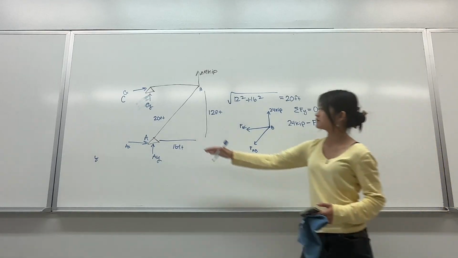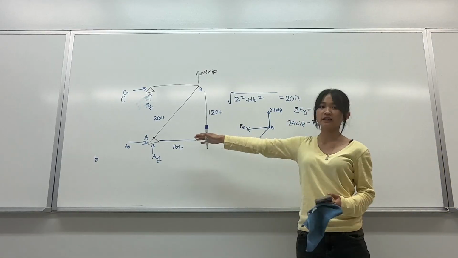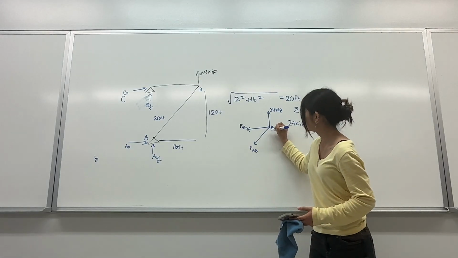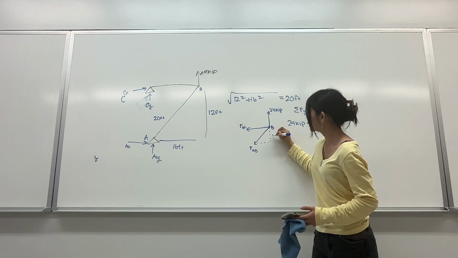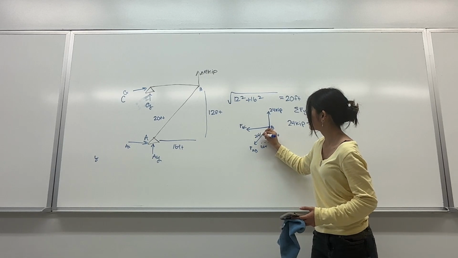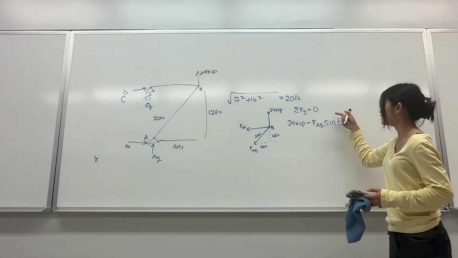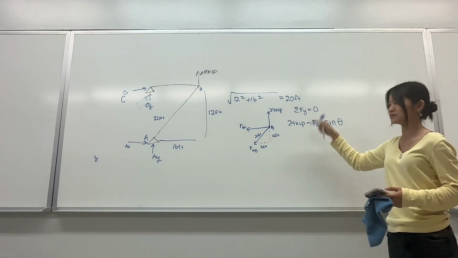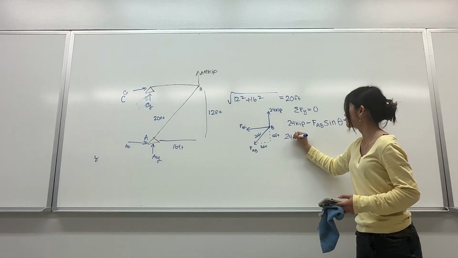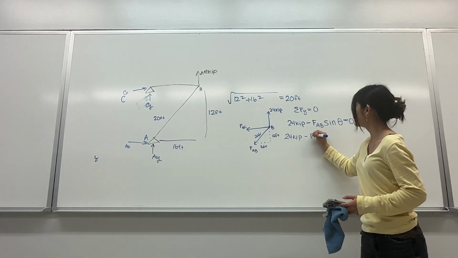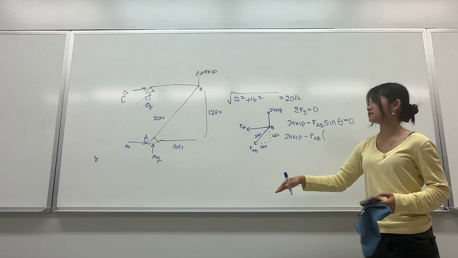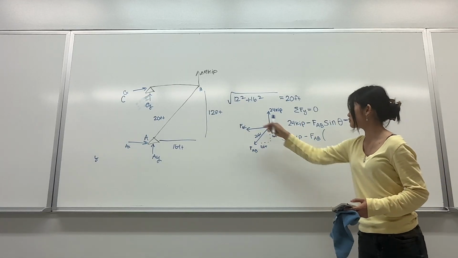We have our lengths here, so we can use that to find what sine is. This is 12 feet, this is 16 feet, and this is 20 feet. For sine, SOHCAHTOA, opposite over hypotenuse. So we have 24 kip minus FAB times sine, which is opposite over hypotenuse, 12 over 20.